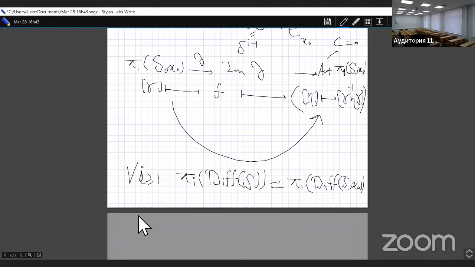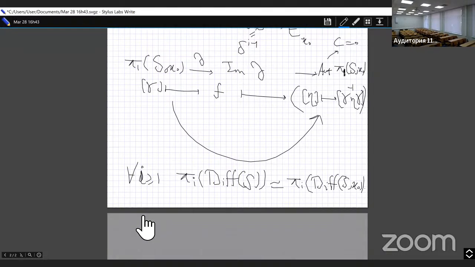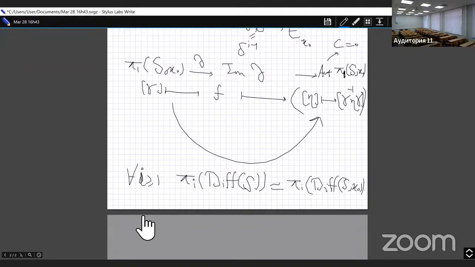So we sort of proved that the higher homotopy groups are the same in both cases. So now we use this to prove that we can always assume that S has a boundary.